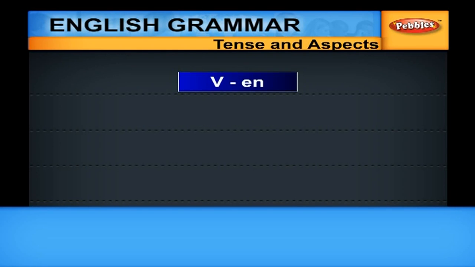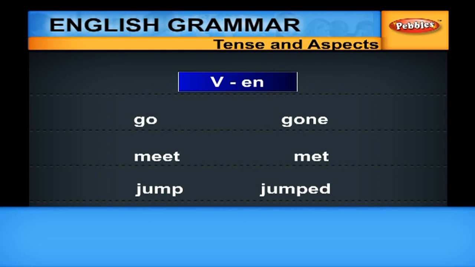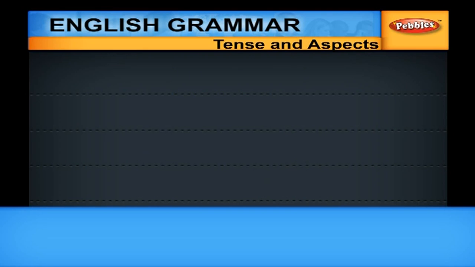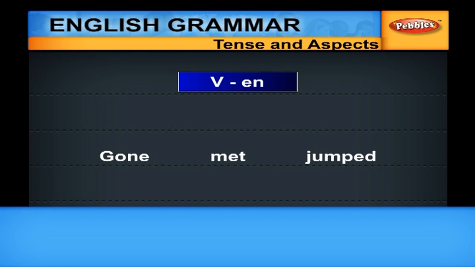Now we will study the VEN form. Observe the base verbs and how they change here. Go, gone. Meet, met. Jump, jumped. Gone, met, jumped. This is what we call the past participle.